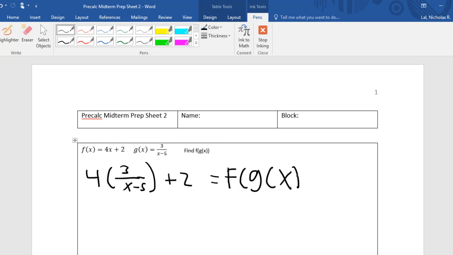You take g of x and you plug it into f of x. So g of x goes inside of f of x, and becomes the input into f of x.